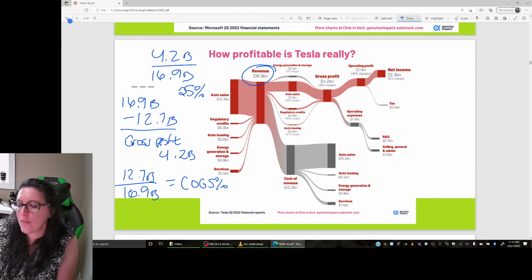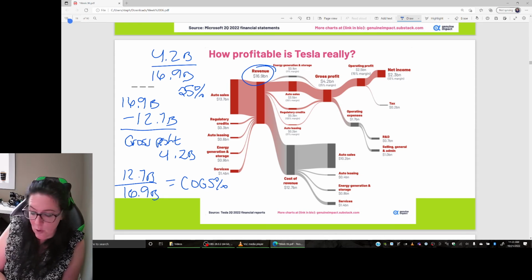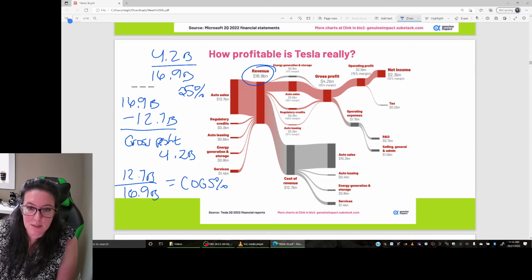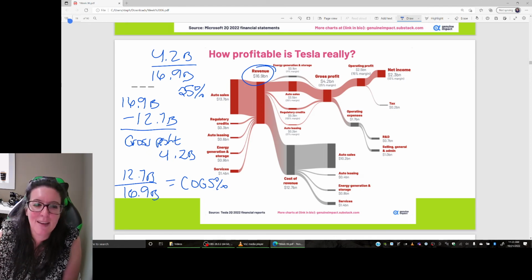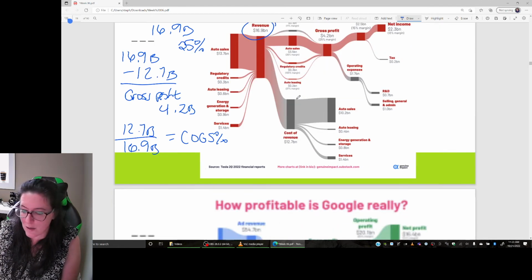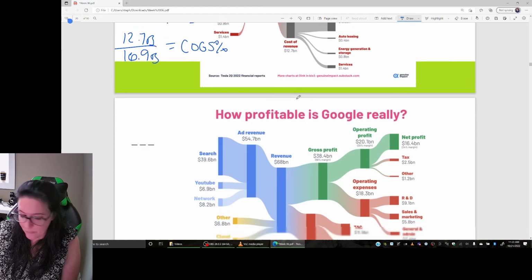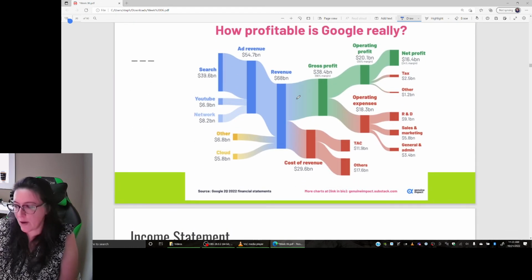And so the gross margins will be lower with companies that make goods than those that make services. Because most of the costs for service-based companies are overhead, a lot less tied to per unit production.